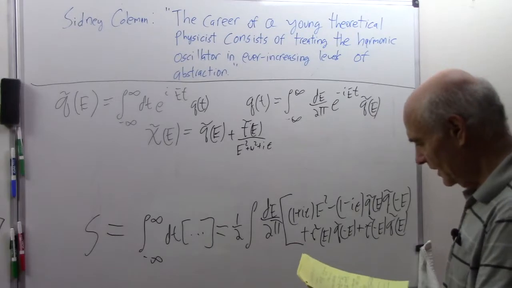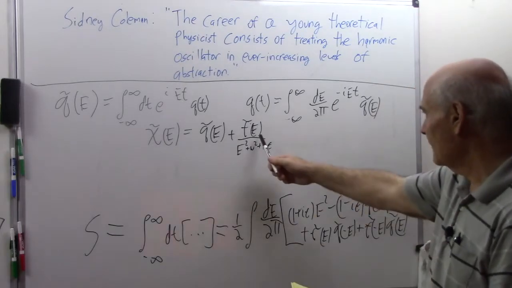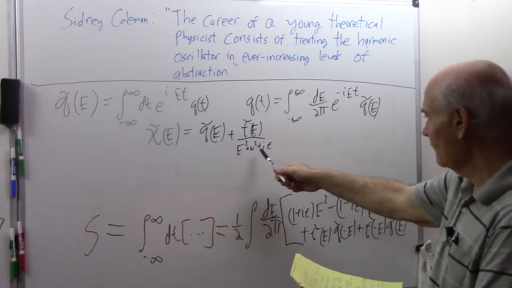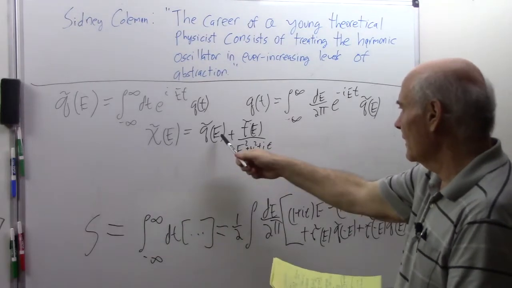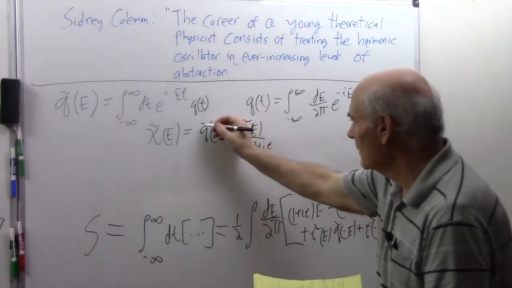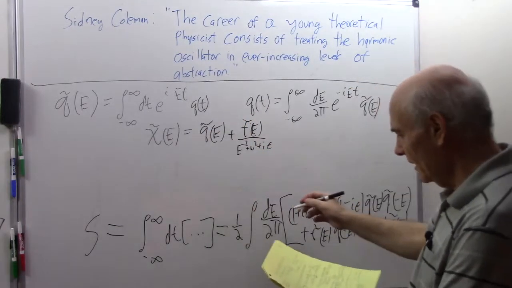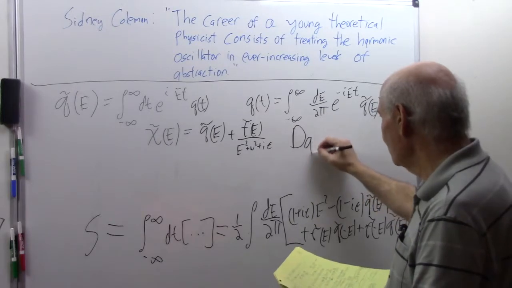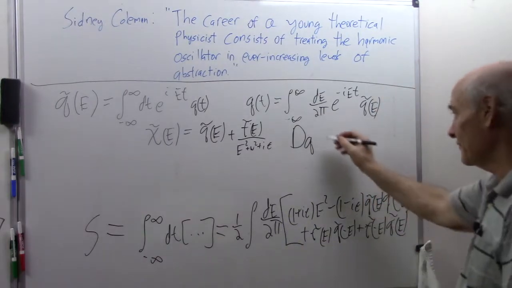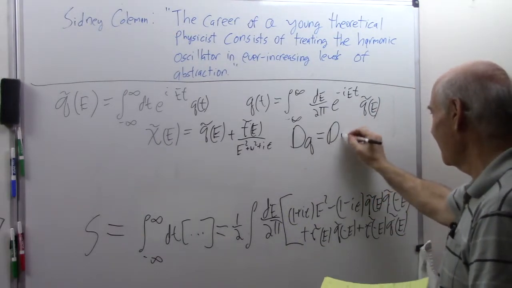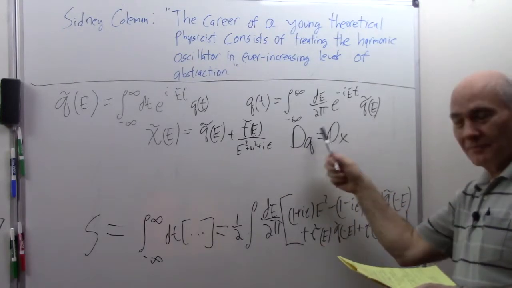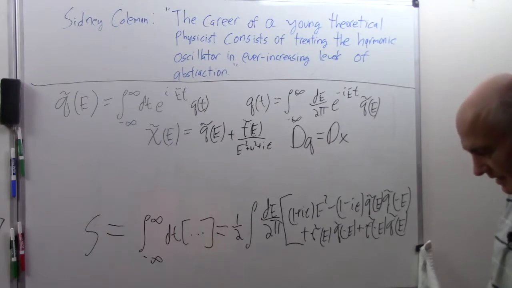So this is a constant term. It doesn't depend on q. In a sense, all we're doing is making a translation of the transformed variables. And the important thing is that even though we didn't define what dq is, we're going to make sure it's equal to dx.